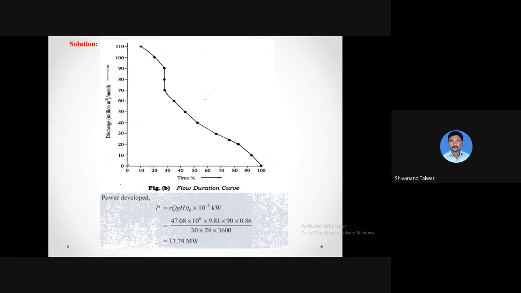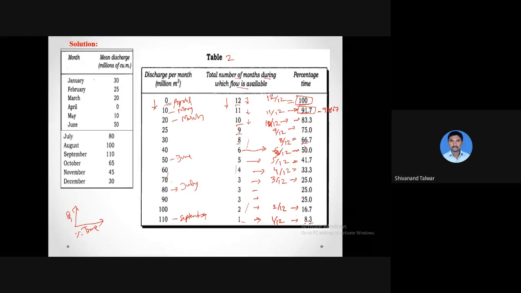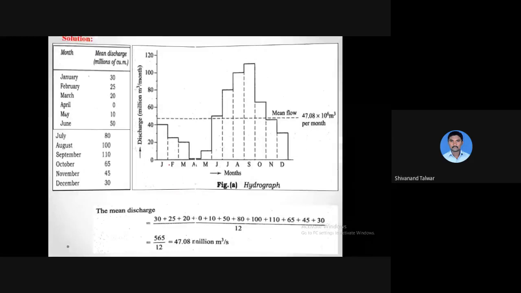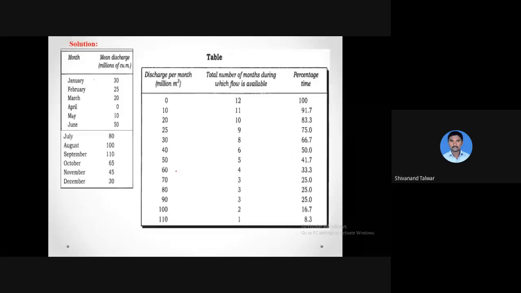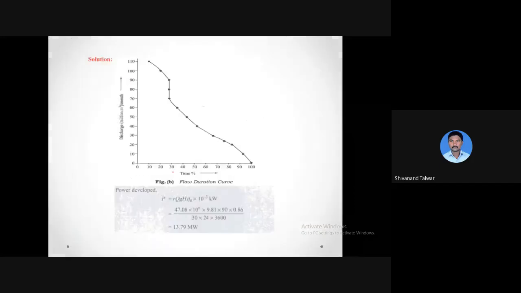Okay, so then we will plot the graph for discharge Q versus time percentage. Okay, so if you see, 8.3 percentage का वैल्यू कितना है? It is 110.